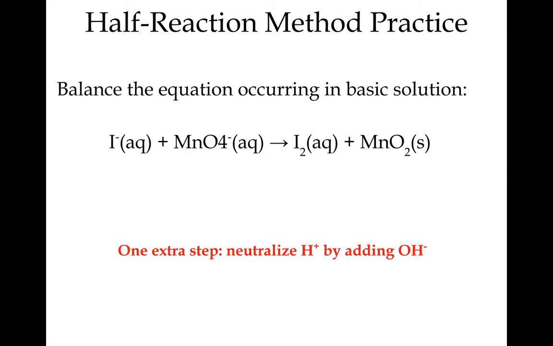You can balance the hydrogens by adding these hydronium ions. But in this case, if we add hydronium ions, we need to neutralize them by adding hydroxide ions, okay? So I'm going to write a little bit of stuff on the board for you guys and then show you how to do this.